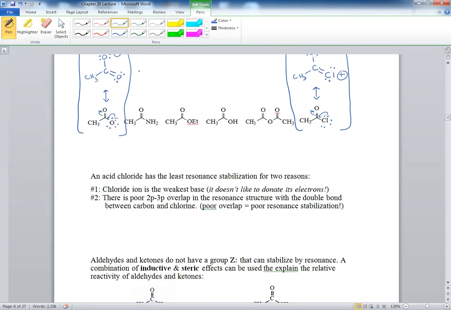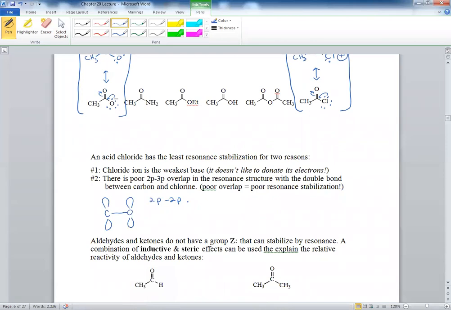So let's look at the first one here. We had a carbon and we had an oxygen. Carbon and oxygen have 2p orbitals, so it's a 2p, 2p overlap.